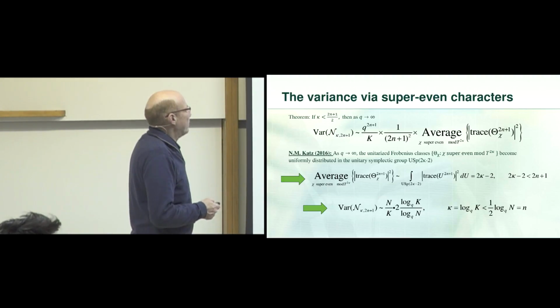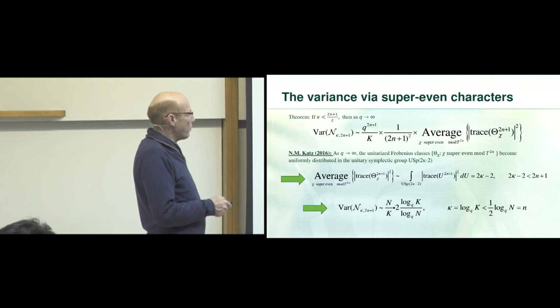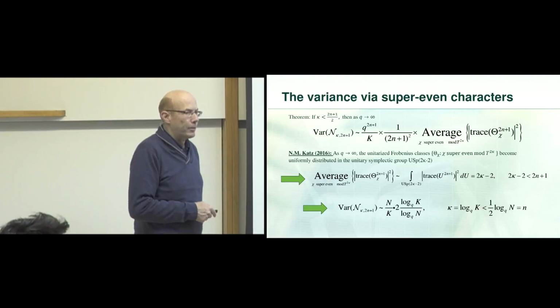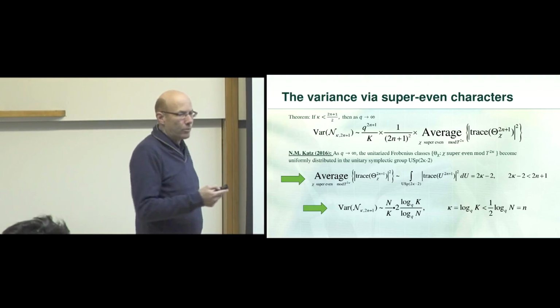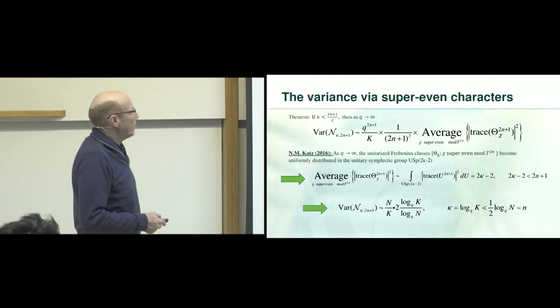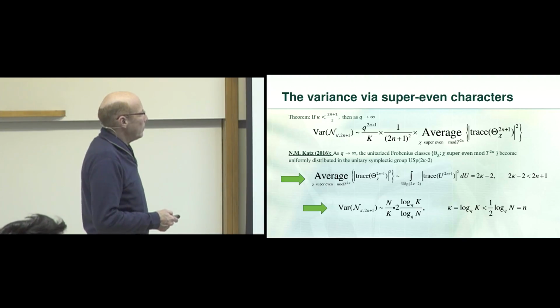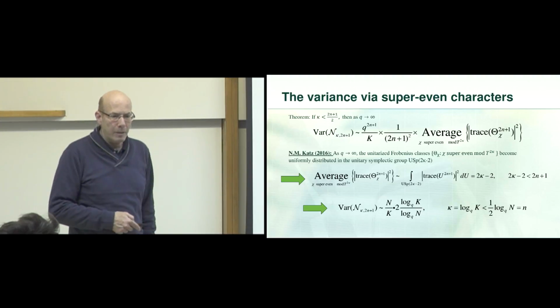So that means you replace the average over all super even characters by the average over all unitary symplectic matrices. And then you just compute this or look it up somewhere, that this average is just the size of the relevant matrix.